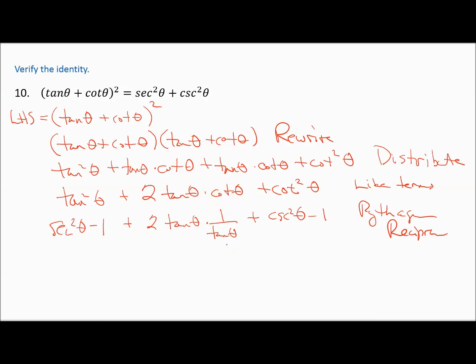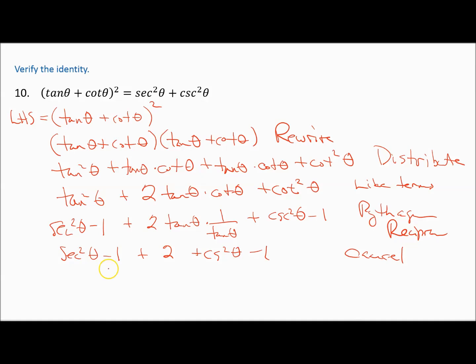Now let's write what we have. So I've got secant squared of theta minus 1. Okay, and then let's write that. I don't want to do too much in one line. Plus, those cancel to give me 2 plus cosecant squared of theta minus 1. Okay, so again, cancel. That's what we did. That's what I wrote down.